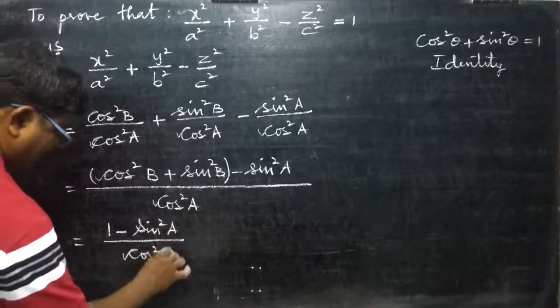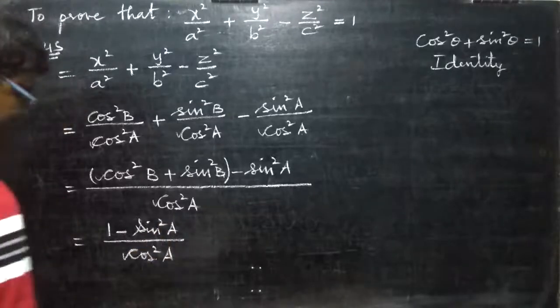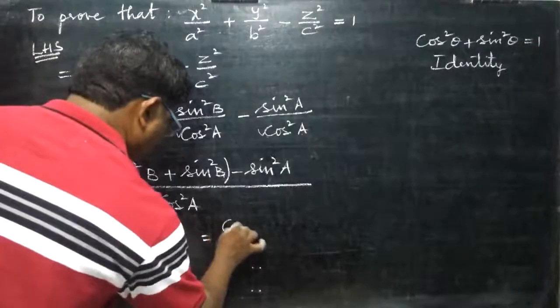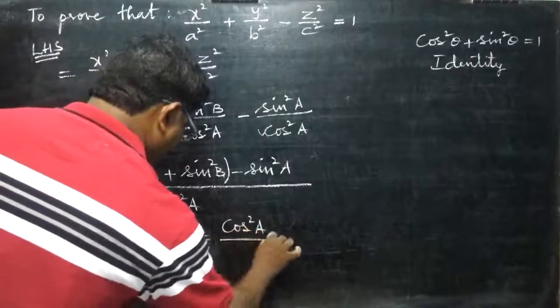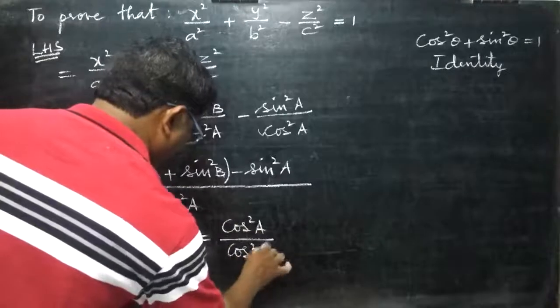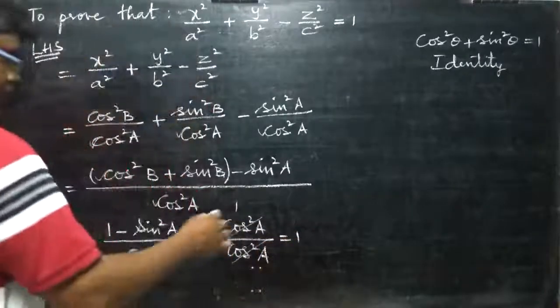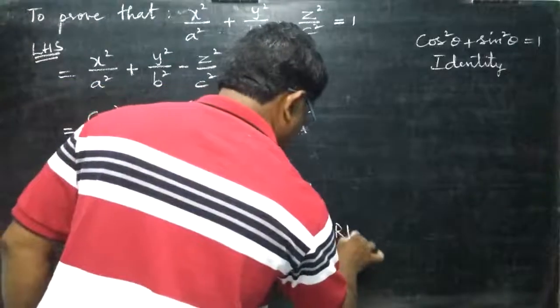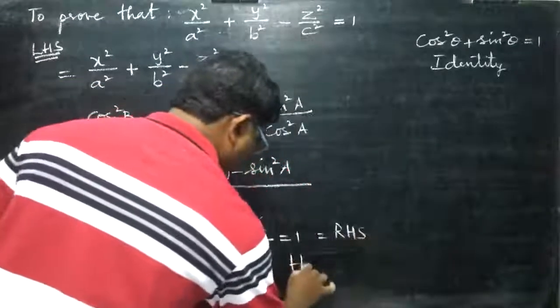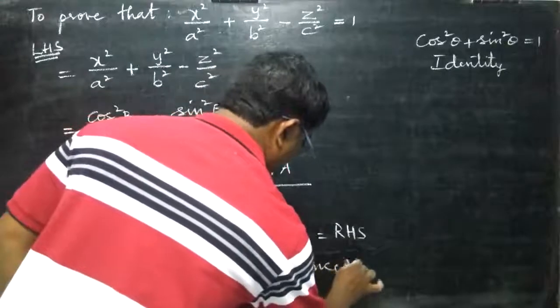What is 1 minus sin square A? Cos square A only. So cos square A by cos square A. Cos square A goes into cos square A how many times? 1 time. Is equal to 1, which is the RHS. Hence proved. They told us to prove, 1 should come, and we have proved.